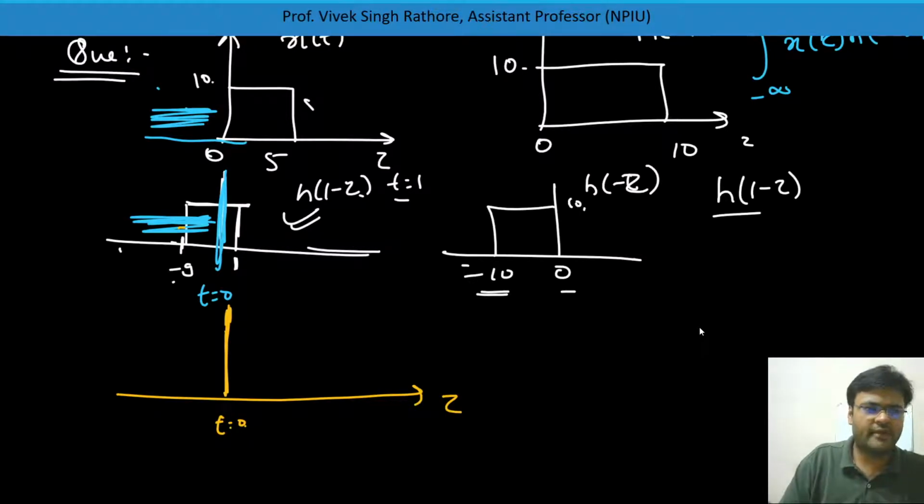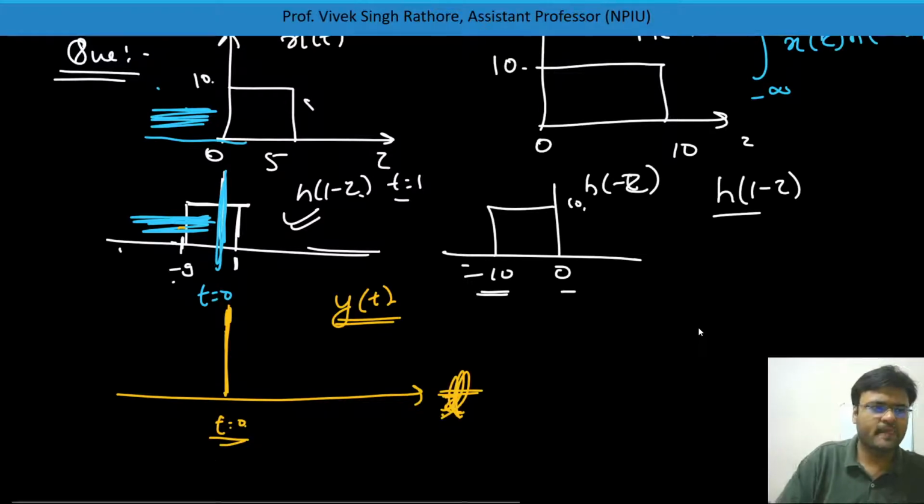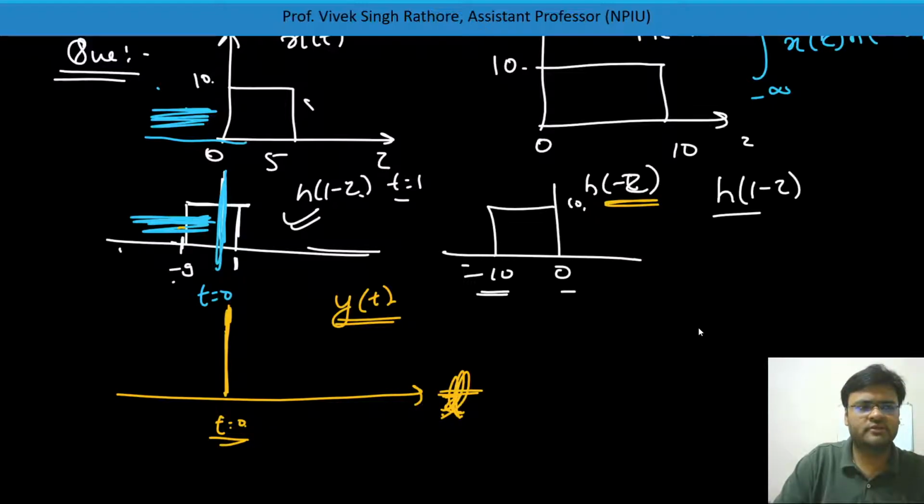This is your y of t, because the output is taken as y of t. The x-axis will be the time domain t, and for t is equal to 0, nothing was there. For t is equal to 0, this signal will be multiplied with this signal, and you will get something.